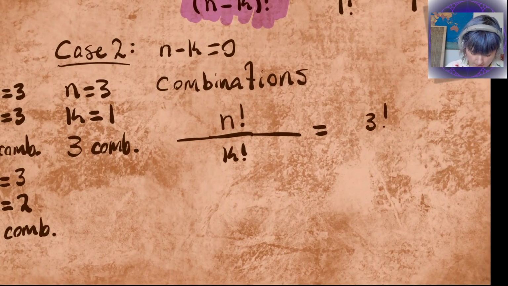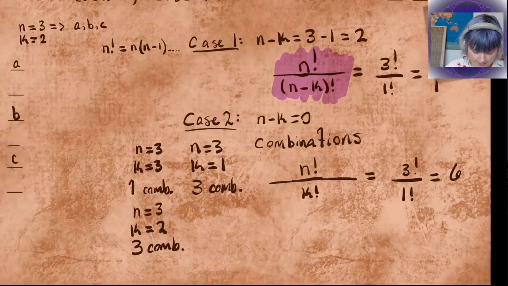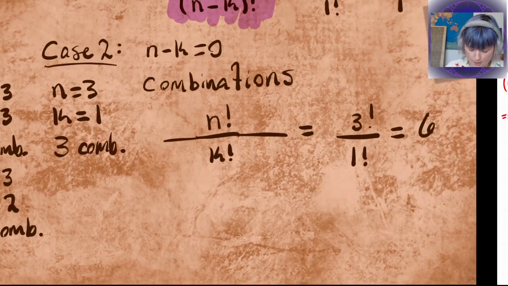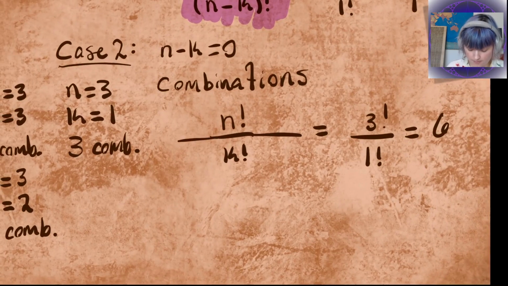I have 3 factorial here, and k is 1 factorial, which gives 6. That does not describe how many combinations I have. So that's where we need to rethink our formula. Obviously we need a larger factor in the denominator.